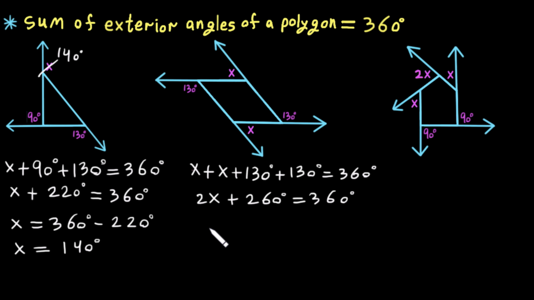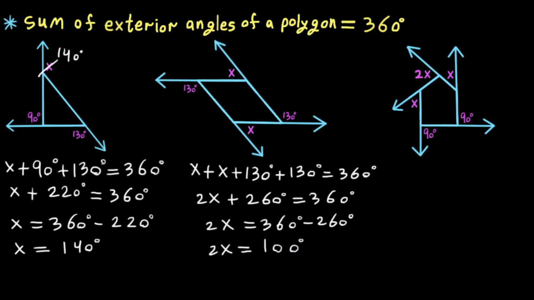Now we put this one alone. The same as before, we can take this one to the other side, or we can subtract 260 from both sides to get rid of this one. But I prefer to take this one to the other side, so 2x equals 360 degrees minus 260 degrees, which is 100 degrees.